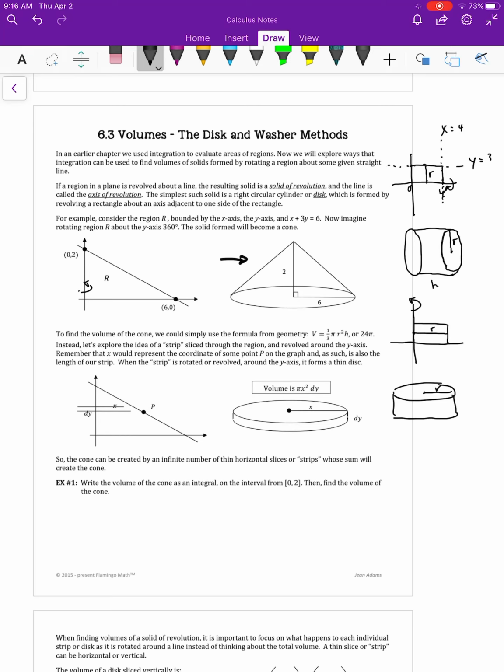But what we're going to do in calculus is use calculus to figure out how to find the volume of this by slicing it into regions. Since we're spinning this about the y-axis, we're going to draw something called a representative rectangle perpendicular to your axis of rotation.